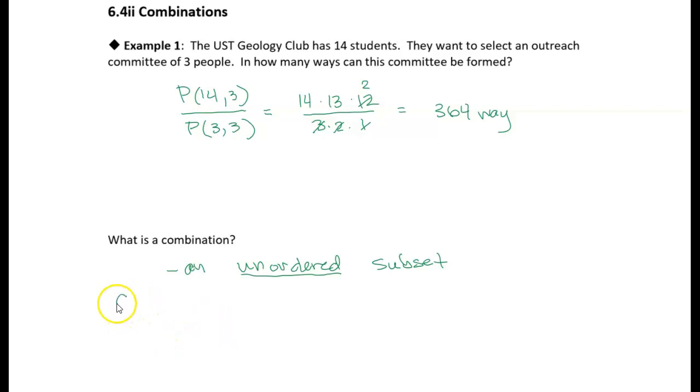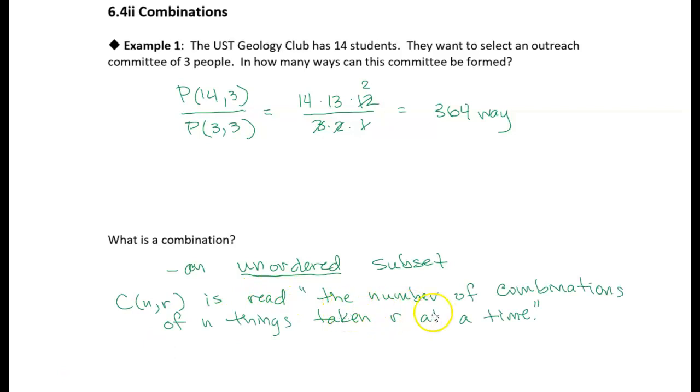We use the notation C(n, r), much like we use P(n, r) to represent a permutation. We're using a function C to represent a combination where the inputs are n and r, and n is the number of things that we have in the whole set, and r is the number of things that we're choosing in the subset. We read C(n, r) as the number of combinations of n things taken r at a time.